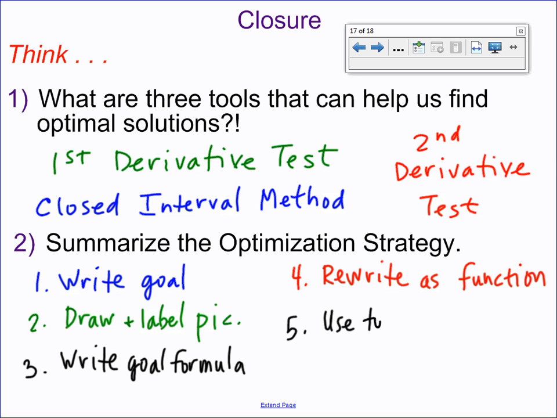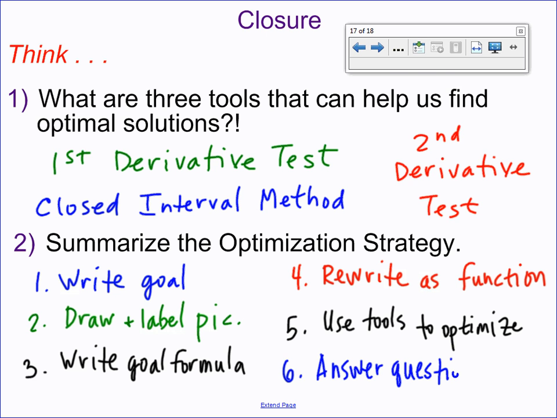So use tools, right? Use tools to optimize. And lastly, what's our step 6 tell us to do, Vivian? Answer the question. Good. Answer the question. Don't forget to include your units, right? Answer the question that was asked. Way to go, you guys. I'm going to say answer questions with units.